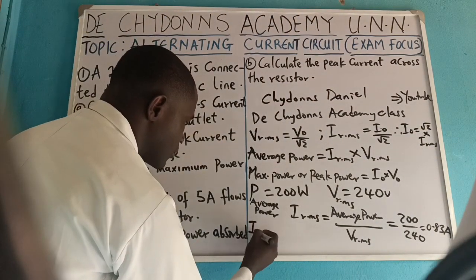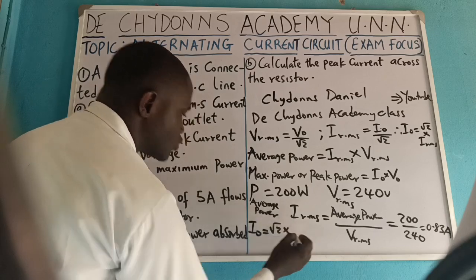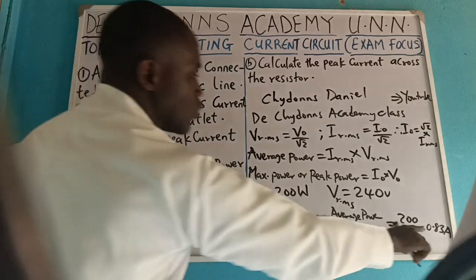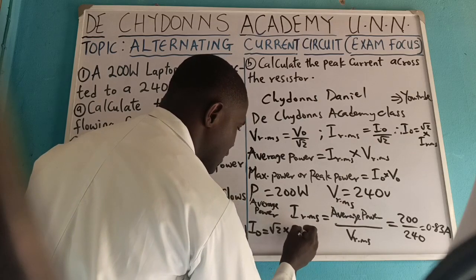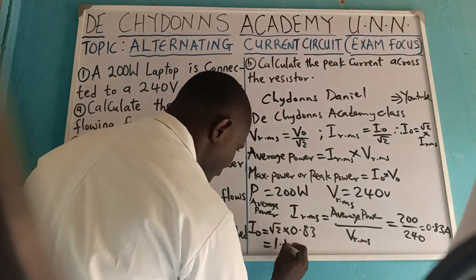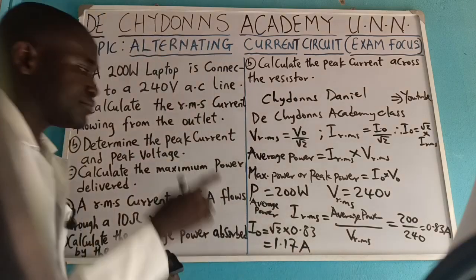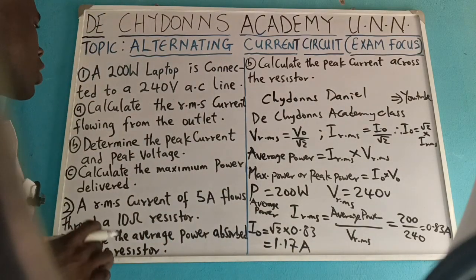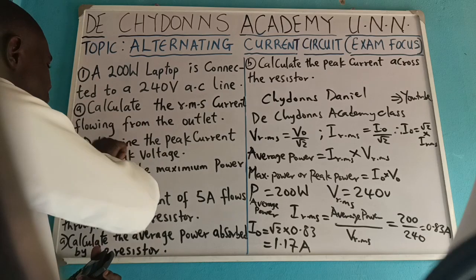So root 2 times our I root mean square current, which we got to be 0.83, will be giving you 1.17 ampere. We note that. So we have solved questions A and B of the first question.